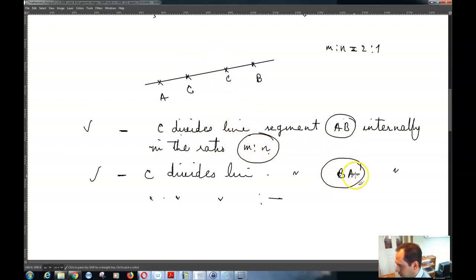If you change n and m and instead of AB you said BA, then everything would be really the same. But you need to be careful about what you write or what you say.